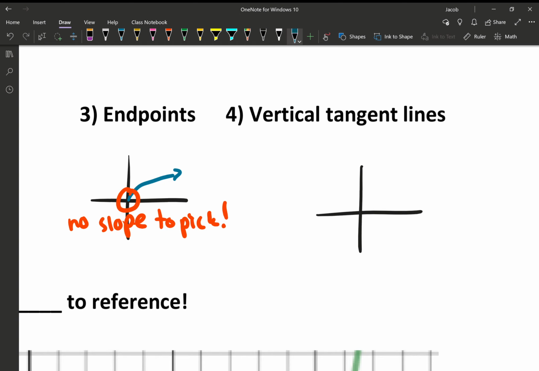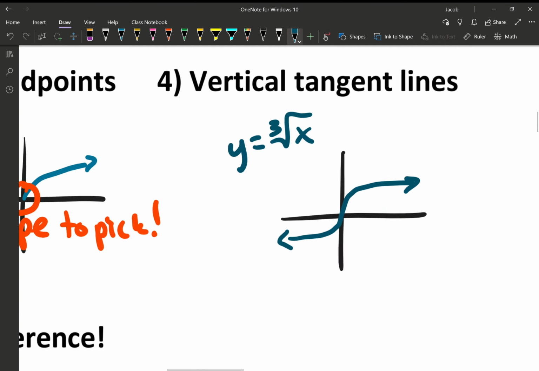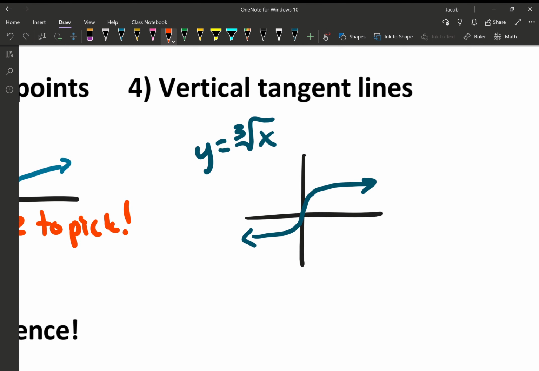So the classic example is y equals the cube root of x, where the graph goes through 0, 0, and we can tell that we can draw tangent lines on every part of the graph except for the part of the graph that crosses the origin, because this slope in the middle of the graph, that slope is undefined.